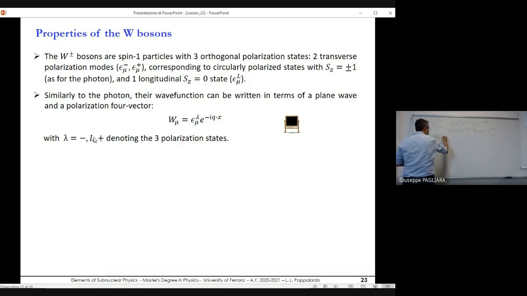So we have u bar P3, and then the complex conjugate of this, so this comes with a plus sign, e to the i P3 x. Then we have the vertex factor minus i g over square root of 2 gamma mu (1 minus gamma 5), the one that we derived in the V minus A theory, which works for charged currents.